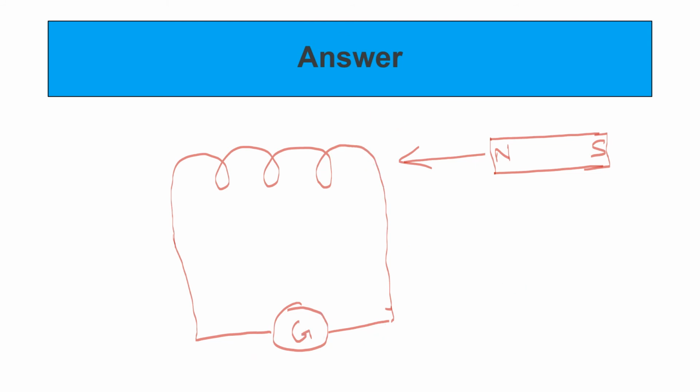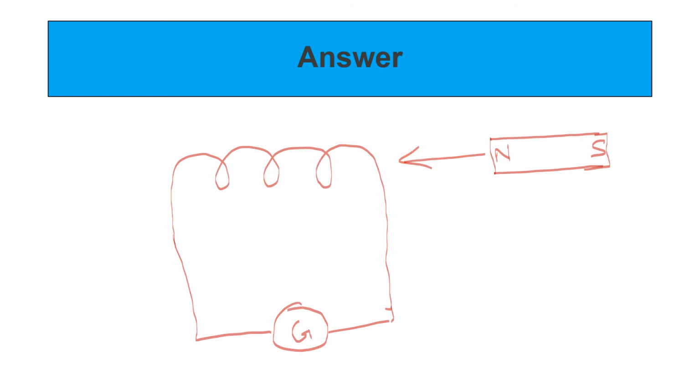When the magnet is moved and kept stationary inside this coil, there will be no deflection in this galvanometer because it is kept stationary and there is no change in the magnetic flux and hence no induced current. Therefore, the deflection of the galvanometer will be 0.